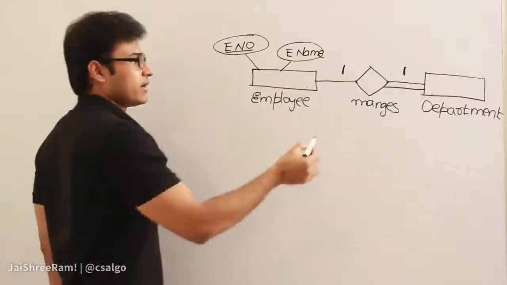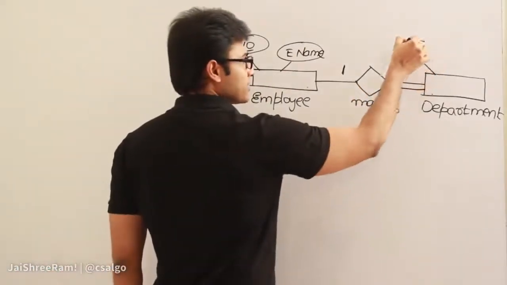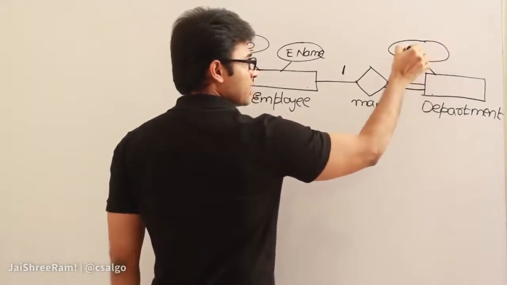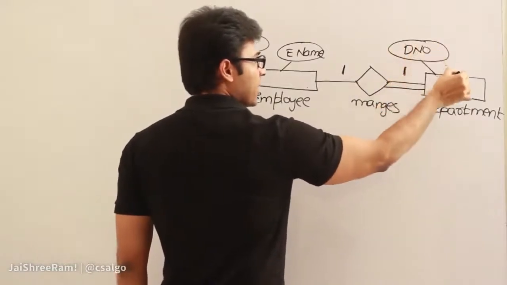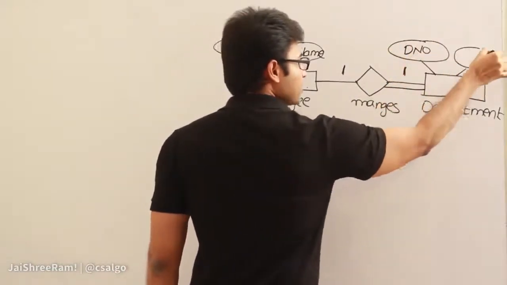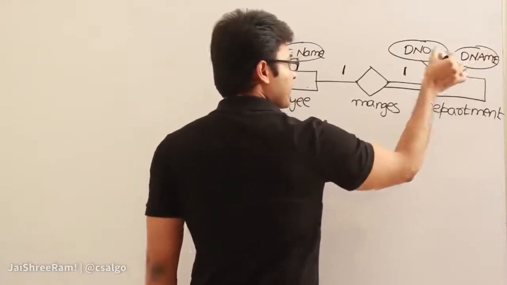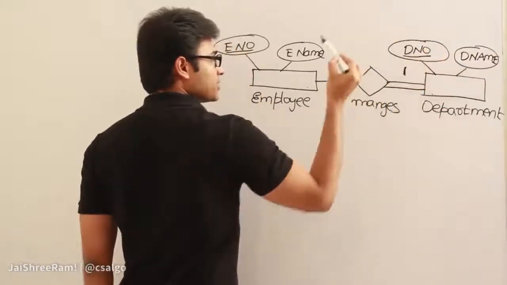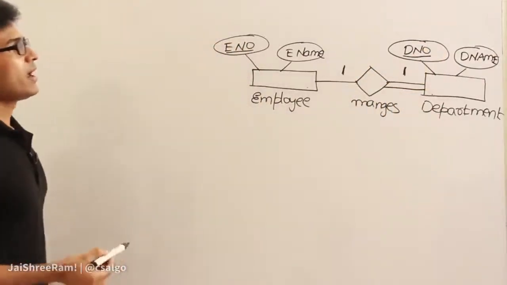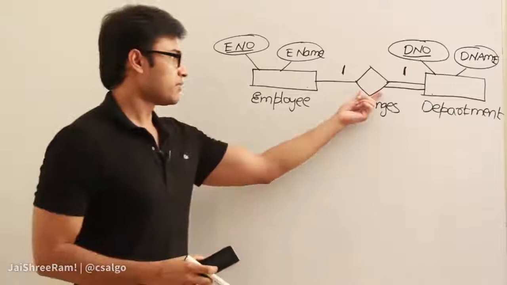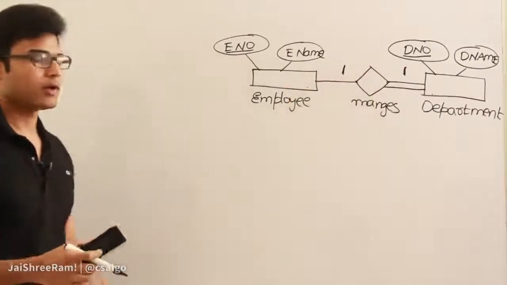For the other side, let us assume that there is one attribute which is department number, and one more attribute which is department name, right? And assume that department number is a primary key. And now we have this relationship which is actually one to one.